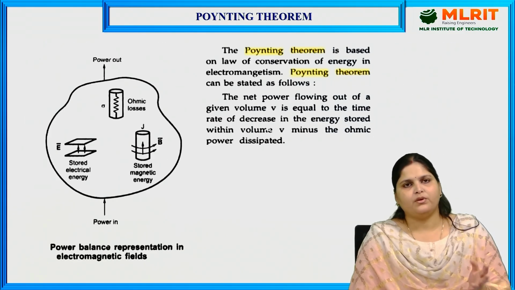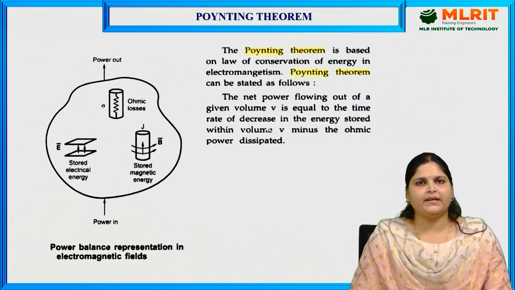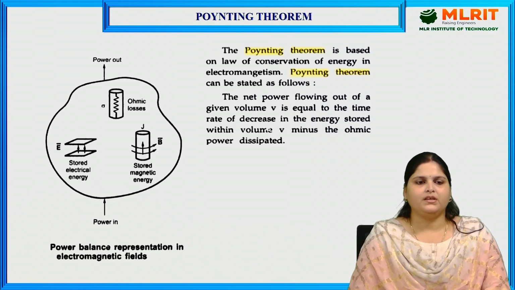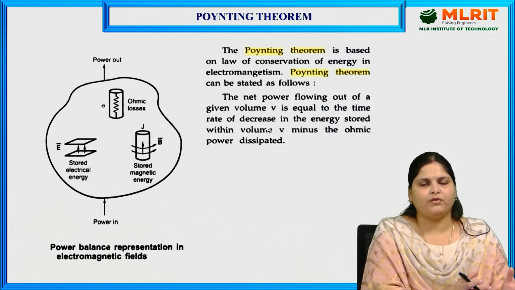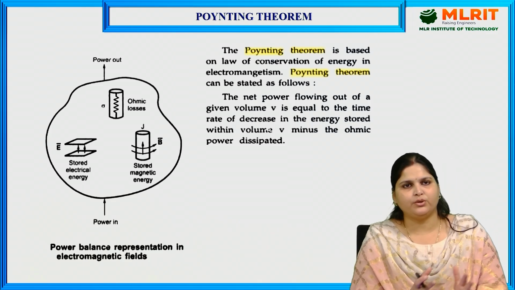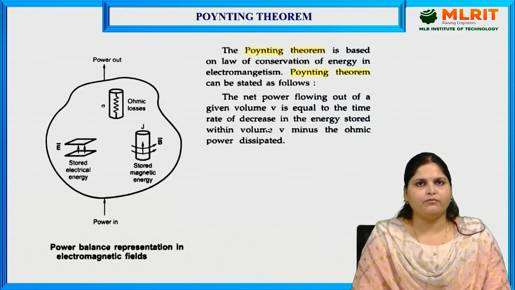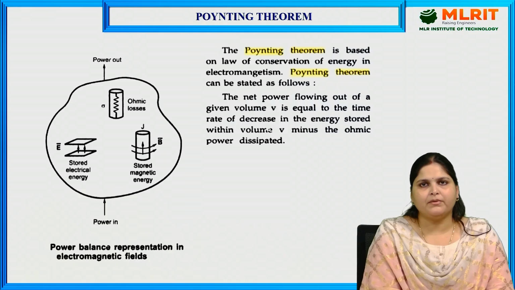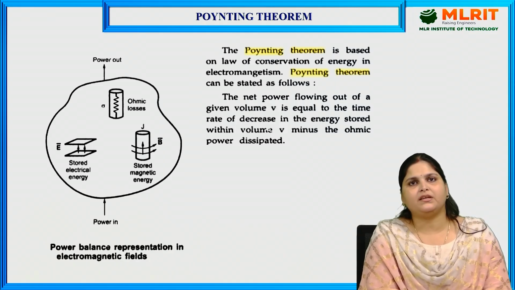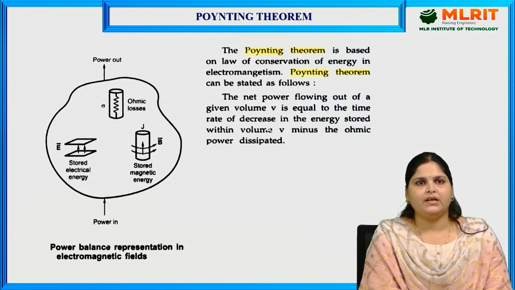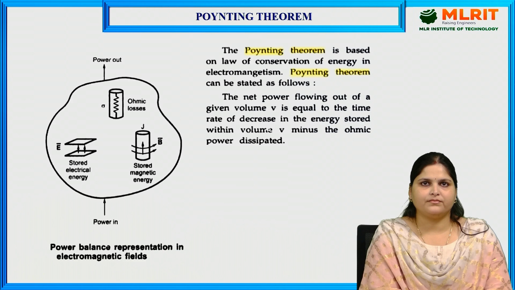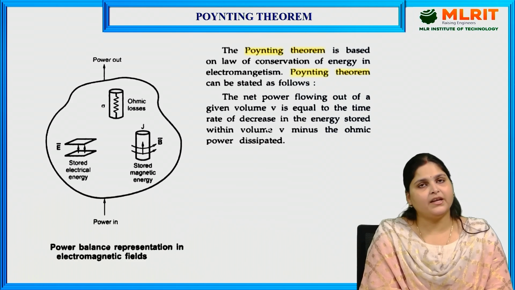Now we'll discuss the Poynting theorem. Later you can correlate what is Poynting vector and what is Poynting theorem when we are deriving the formula, right? So this Poynting theorem is based on the law of conservation of energy in electromagnetism.